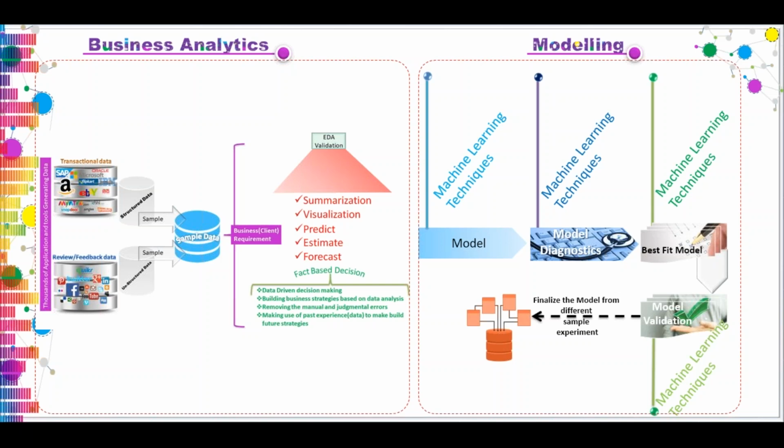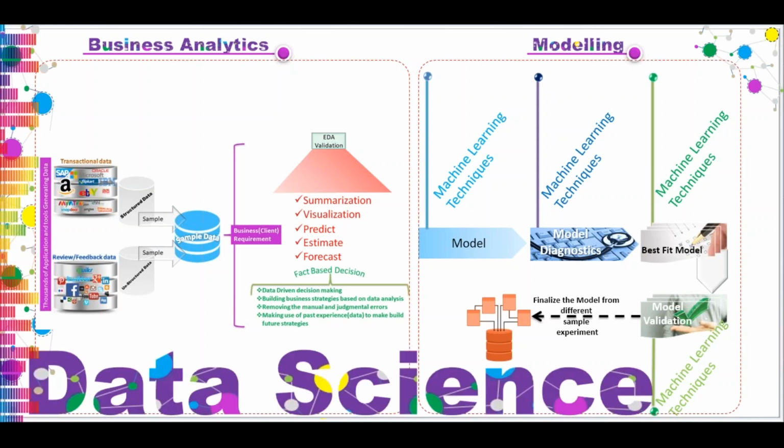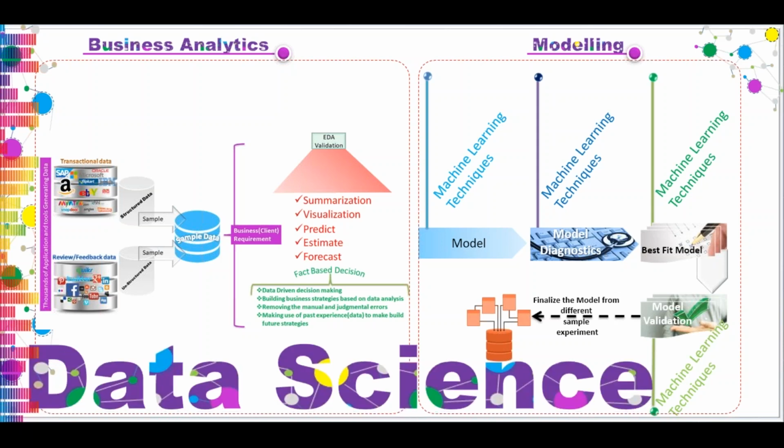The combination of business analytics and modeling is called data science. In the market, 50% of jobs are available in business analytics and modeling. Two different roles. But if you take any project, 80% of the work is in business analytics, 20% of the work in modeling. This 20% plays a very critical role.